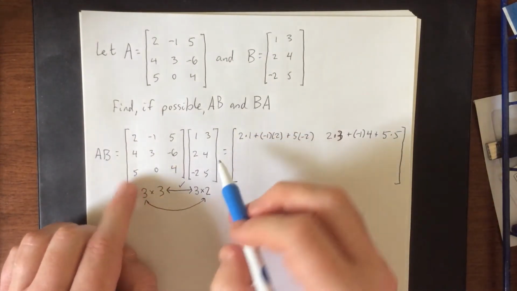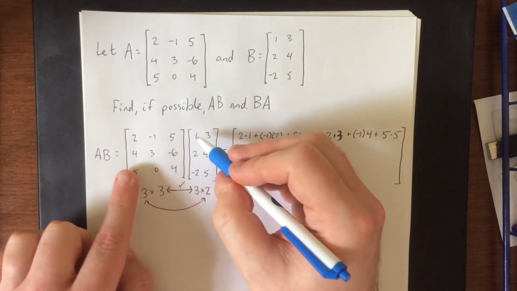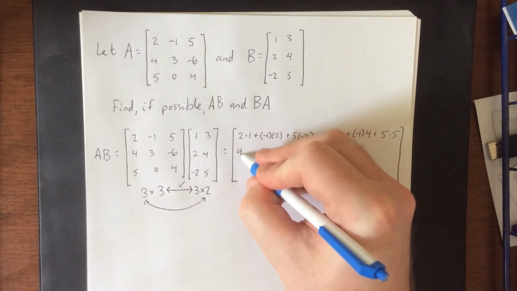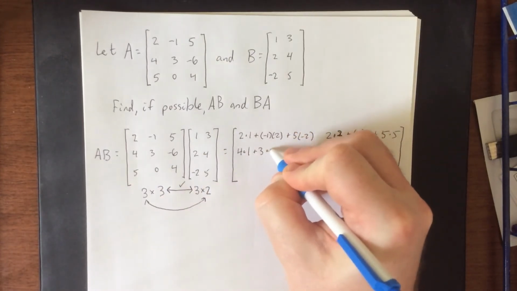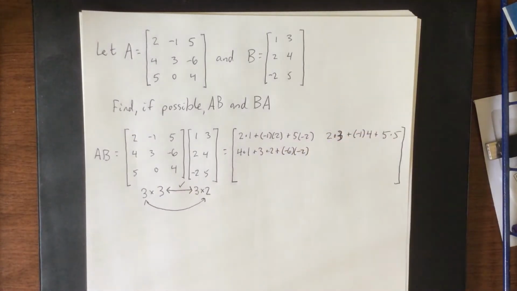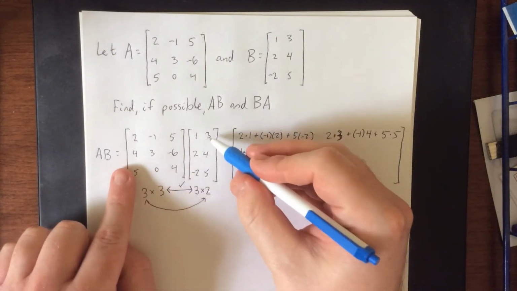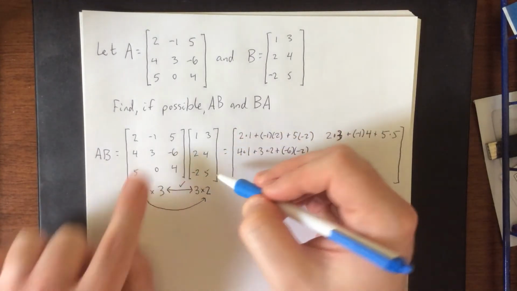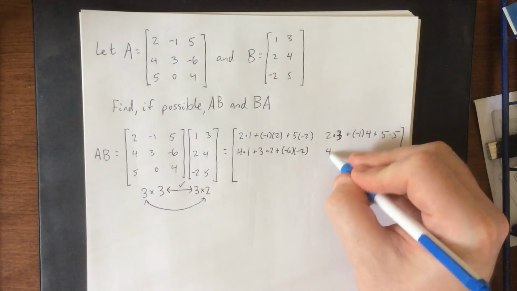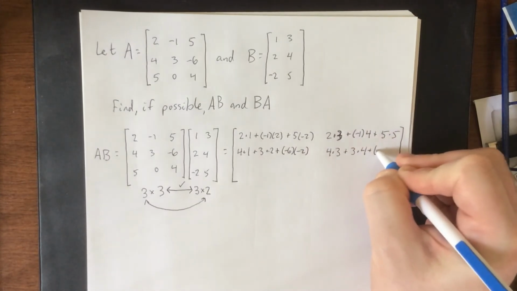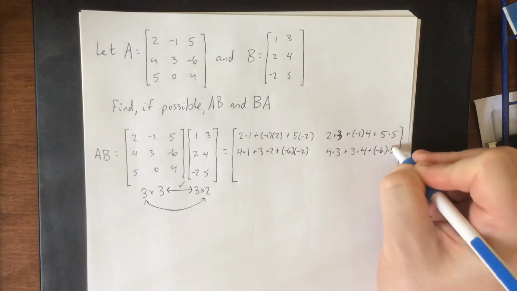For the 2, 1 entry, we'll do the second row of A, the first column of B, 4 times 1, 3 times 2, and -6 times -2. For the 2, 2 entry of the product, we'll do second row of A, second column of B. So 4 times 3, 3 times 4, and -6 times 5.